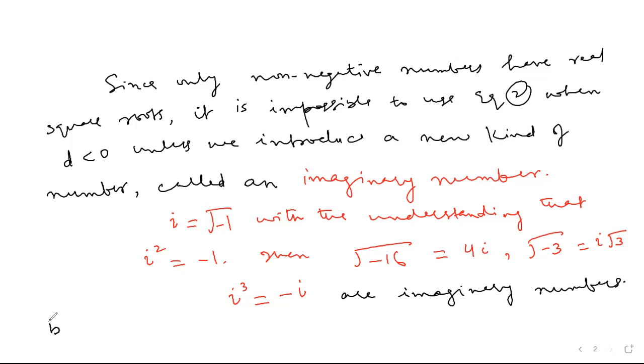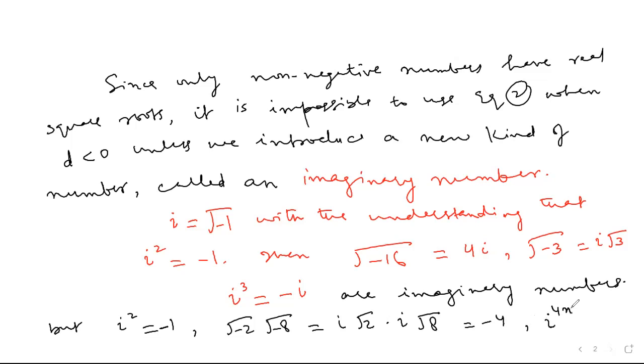But iota square equal to -1, square root of -2 into square root of -8, which is iota into square root of 2 multiplied by iota into square root of 8, which is minus 4, or iota raised to the power 4n equal to 1, are real numbers.